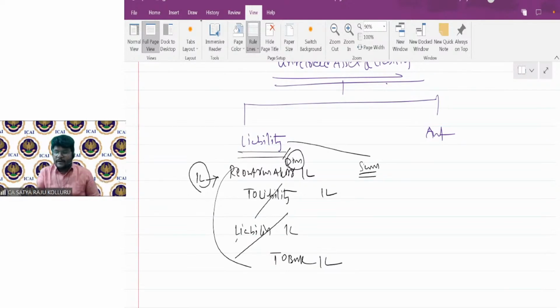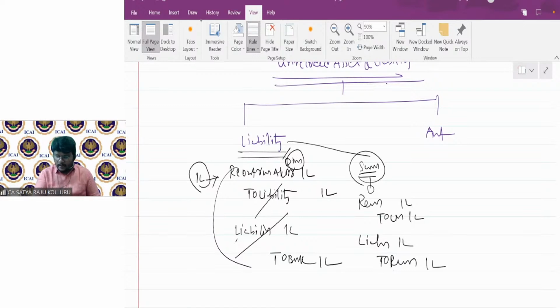We are in the process of reconstruction. The liability holder is going to sacrifice the entire amount. Then for recording the liability, same entry, reconstruction to liability, that is 1 lakh. If the liability holder entirely sacrificed, then the entry is liability to reconstruction. Tell me guys, to the extent of gross sacrifice, I need to credit the reconstruction account. 1 lakh, 1 lakh. Reconstruction to liability, liability to reconstruction, cancelling with each other. That means no need to pass any entry.